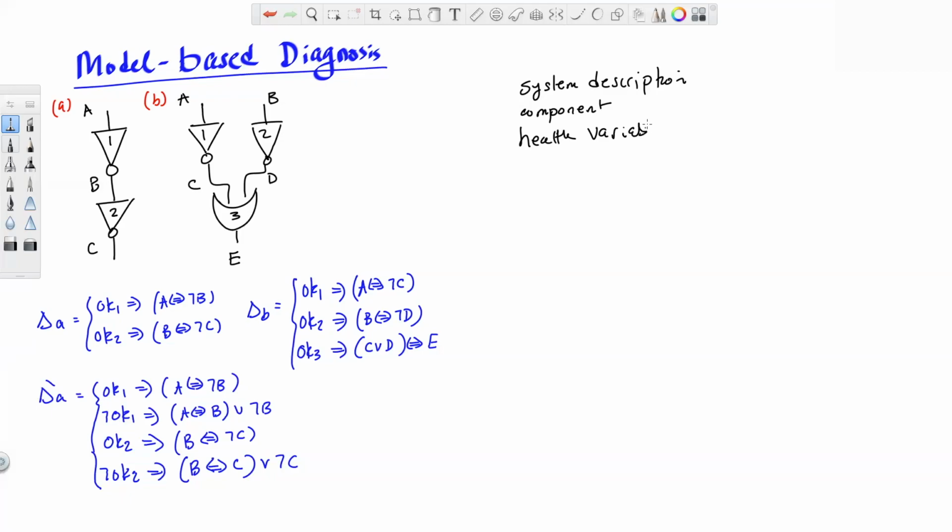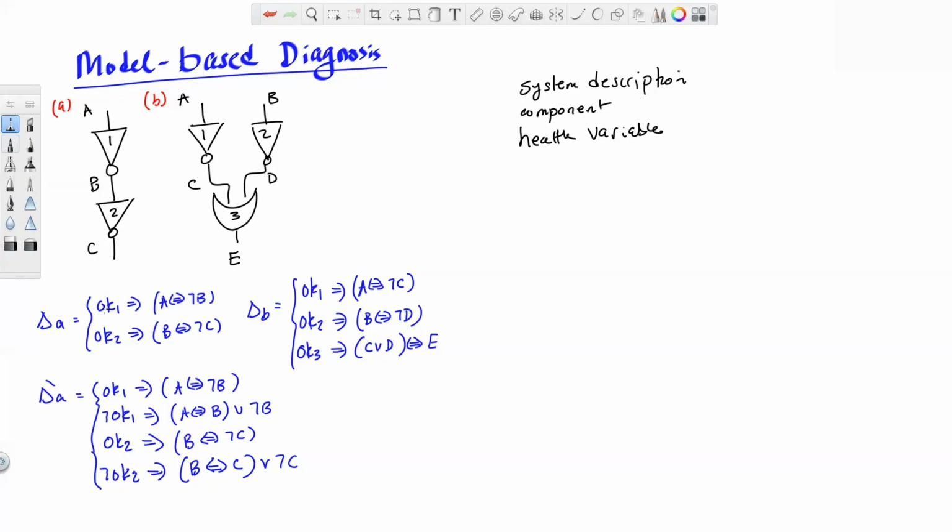And these are variables where you have one for each component, and the idea is it captures the state of that component. The component could be in different states, and its behavior will depend on which state it is in. In the simplest case, we simply use OK, which means it's behaving normally, not OK is not behaving normally.